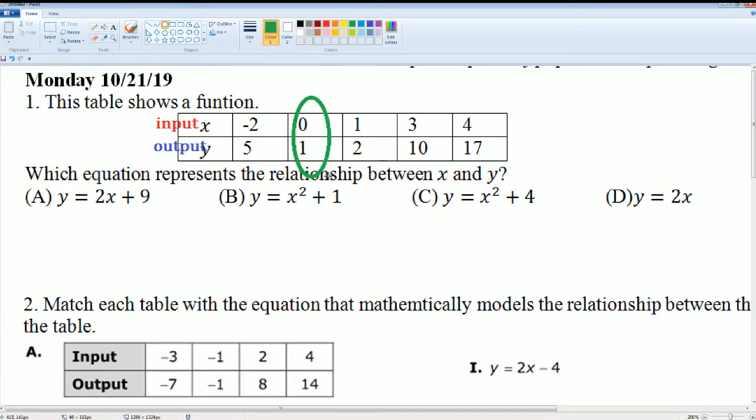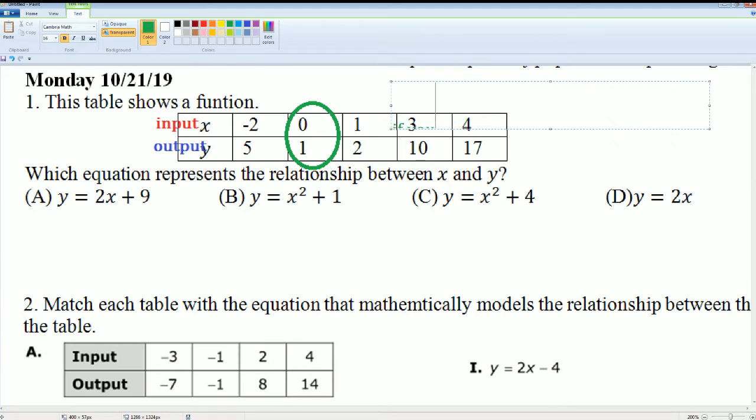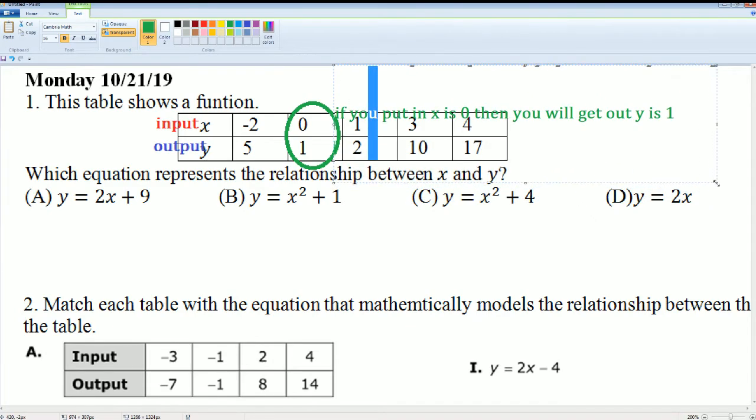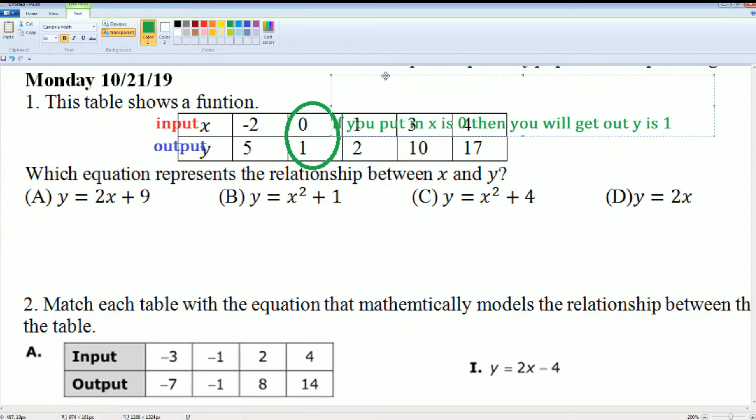This means in simple English that when you plug in x equals 0, then you will get out y is 1. When x is 0, then you will get out that y is 1. That's what that means in very simple English words.